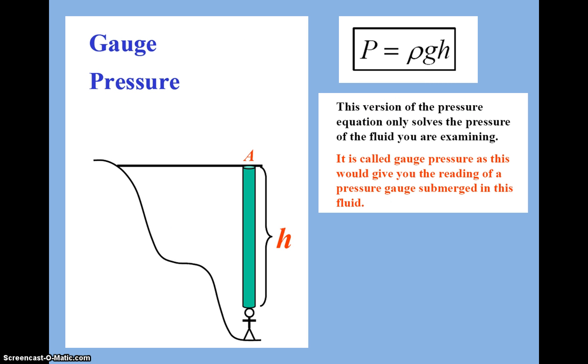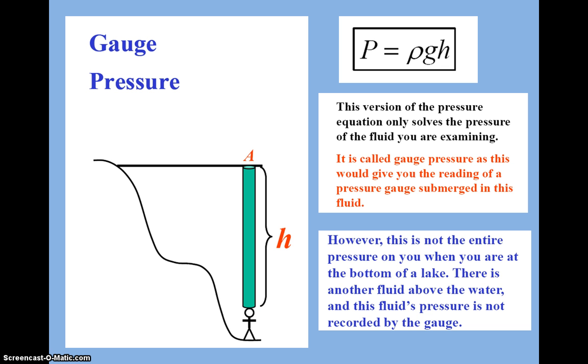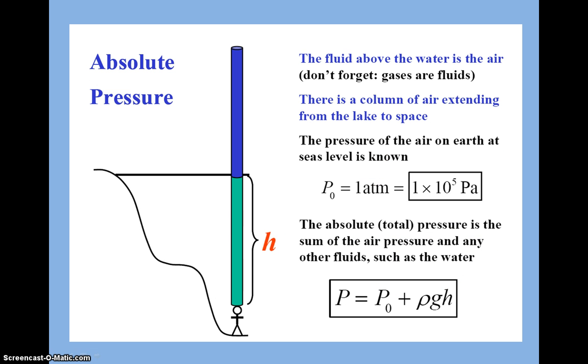Right? And this type of pressure is called gauge pressure. The reason is because that's what an instrument would read that was submerged under that amount of water. It tells you the pressure that the water is exerting. But that's not the total pressure, because we have to remember that, because the lake or whatever you're in is open to the atmosphere, there's also an atmosphere above you.